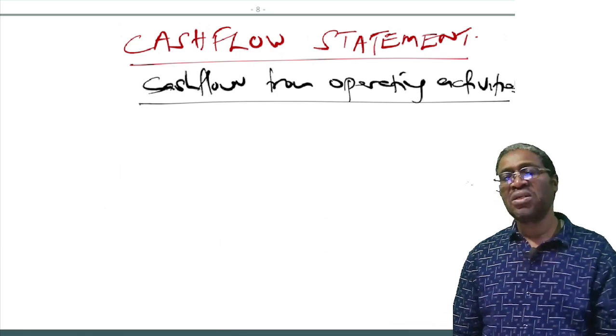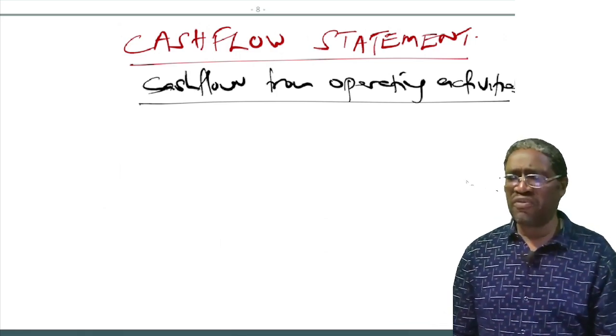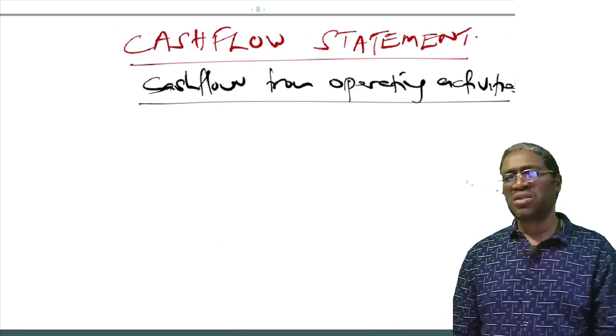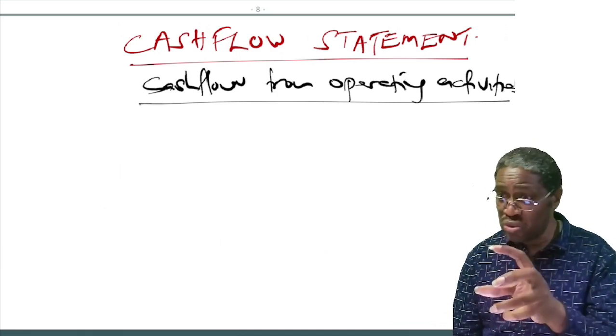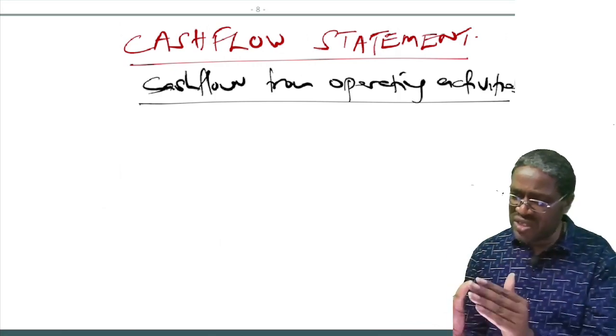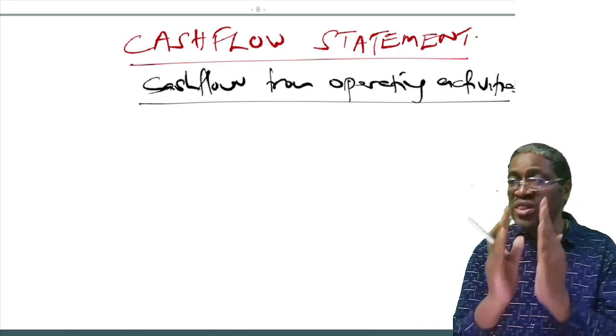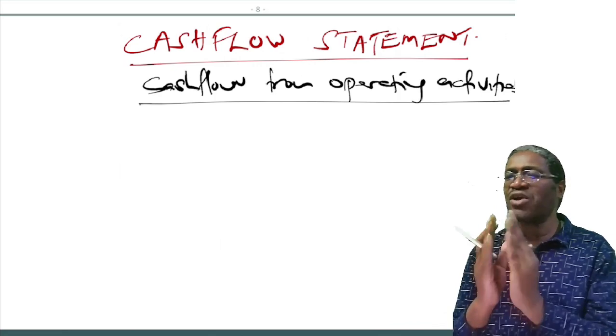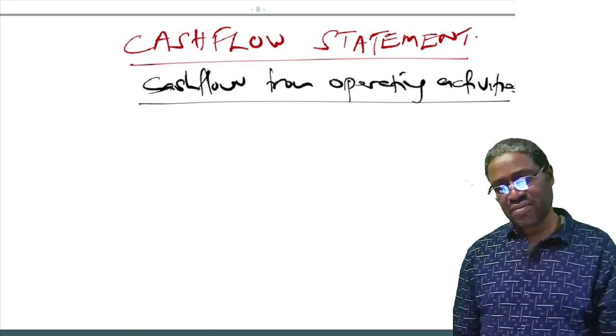Now, when you were doing this topic the first time, the teacher must have told you what operating activities are. You could not have done cash flows without defining operating activities.